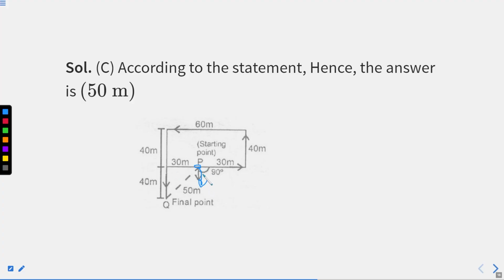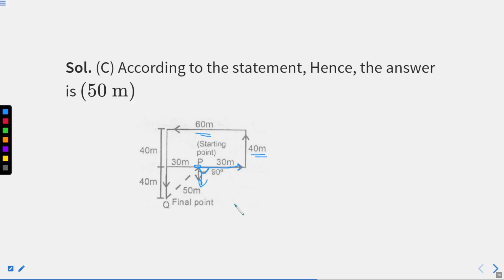So when you move 90 degrees, you'll find yourself facing towards east and you took a distance of 30 meters. Then you move towards north, a distance of 40 meters, and then towards west, a distance of 60 meters, right? And then to your left, 80 meters. So from the starting position, you will find yourself in the southwest direction, right?